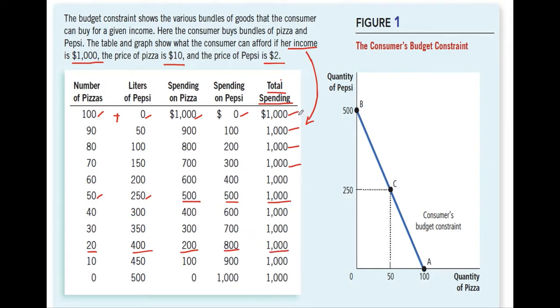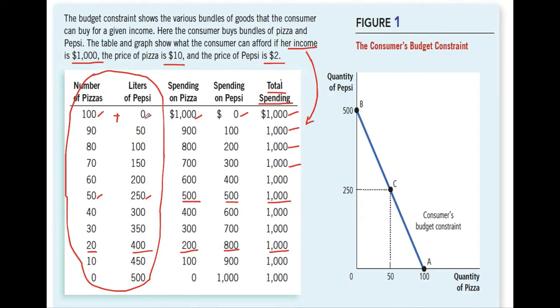So you see here, total spending is always $1,000, but there are many possible combinations between pizzas and Pepsi. So Harley has, let's say, infinite possibilities, infinite consumption bundles he can choose.